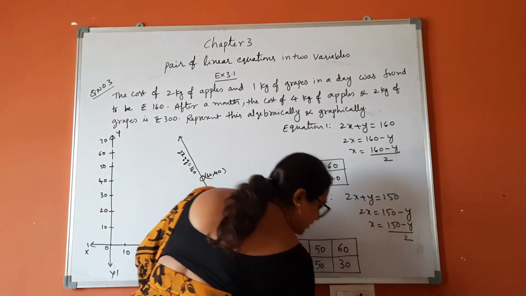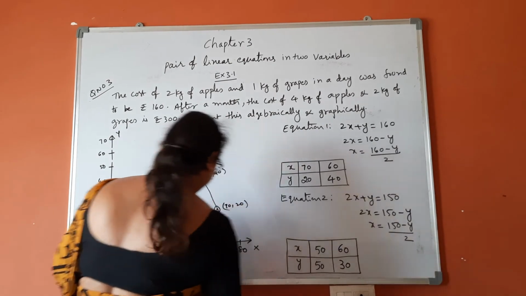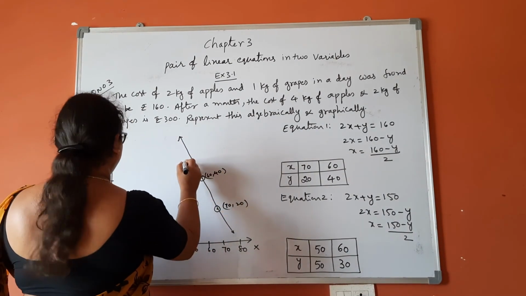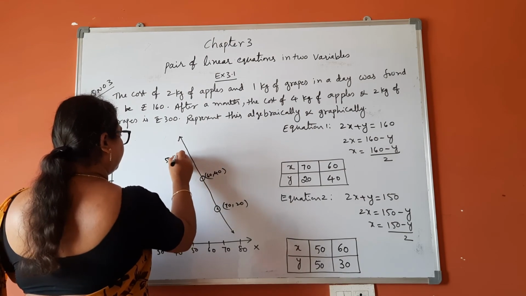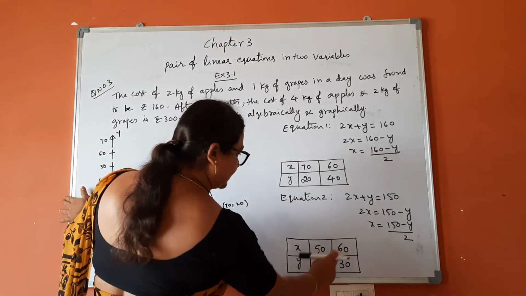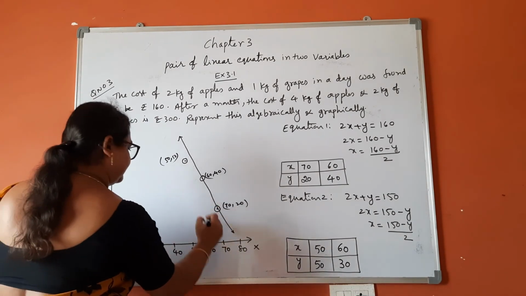Okay, let us write the equation on the top of this thing. 50, 50, and x is 60, y is 30. 60, 30.